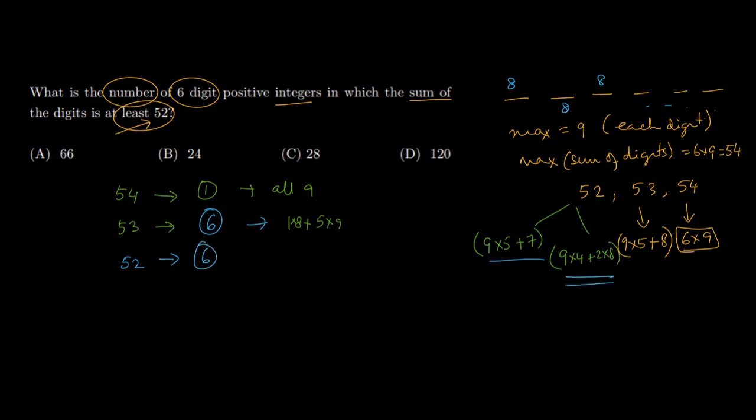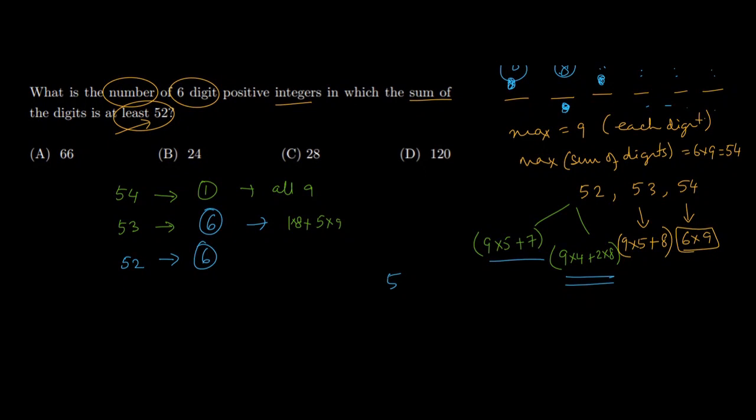But what happens if I take this combination, 4 9s and 2 8s, which means that, let's say I pick the first position for the first 8, then I can have 1 2 3 4 5 places to put the second 8. So for 8 in the first position, I can have the second 8 in 5 positions. For 8 in the second position, I will have 1 2 3 4 places to put the second 8.